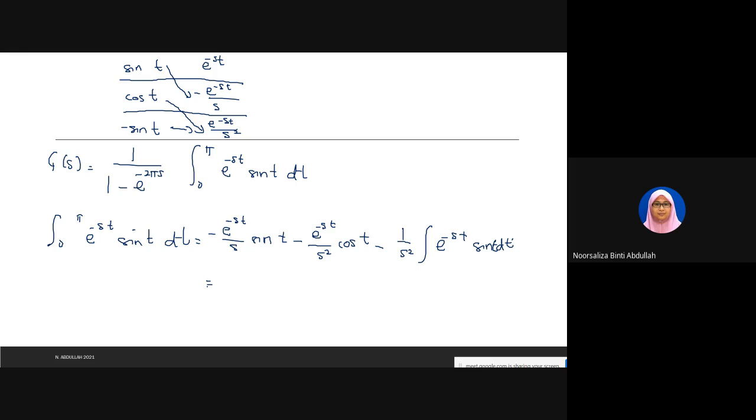You all dah cakap kan tabular punya integration. 1/s² pindah ke depan. 1/s² pindah ke mana? Depan equal to.